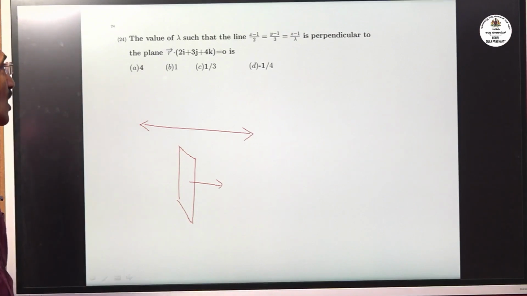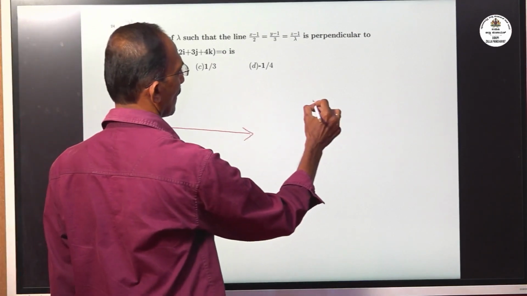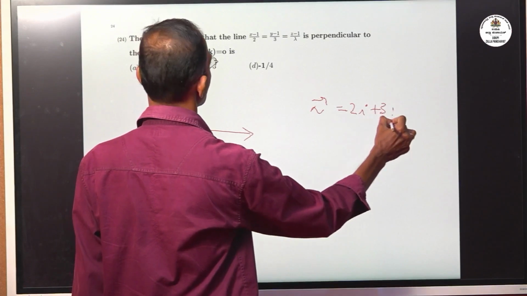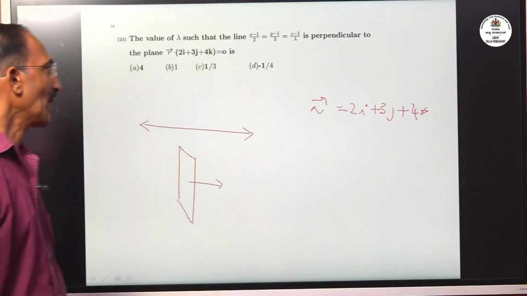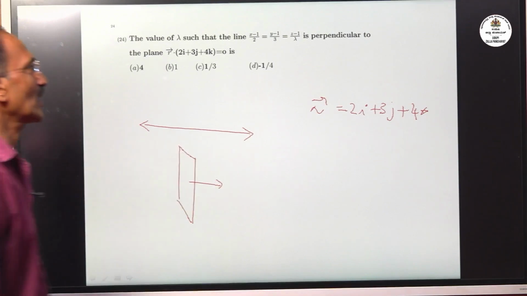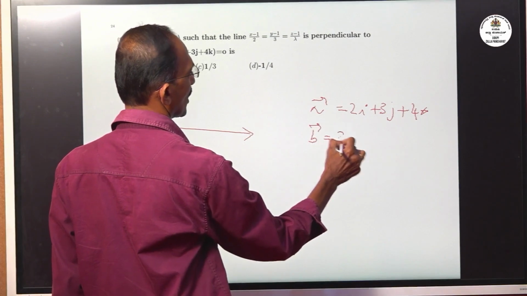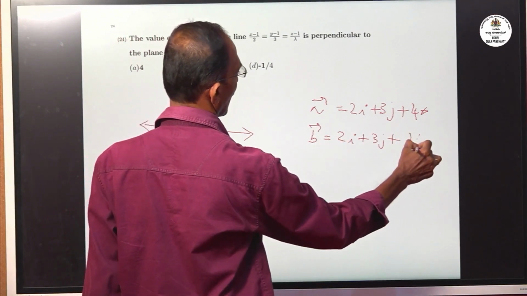So what is the normal vector? So you are getting this normal vector, that is 2i plus 3j plus 4k. And what is the parallel vector to the line? So you are getting here that the parallel vector must be 2i plus 3j plus lambda k.